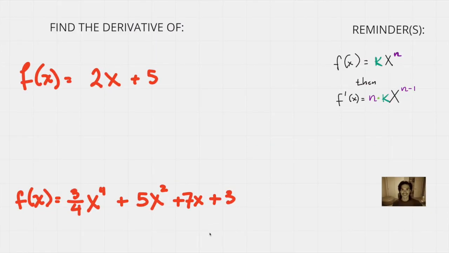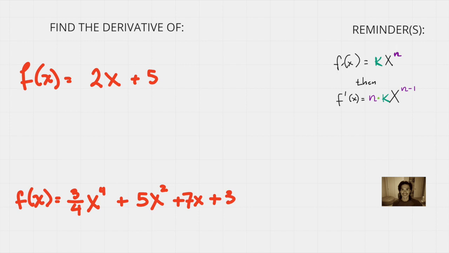All right, happy learning. So just like before, whenever I go over a new concept, I want to point your attention to this reminder over here. Notice that whenever you take the derivative of a polynomial, k here is the constant and n here is the exponent, or the power.